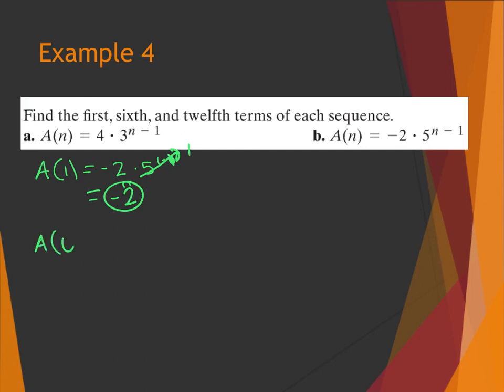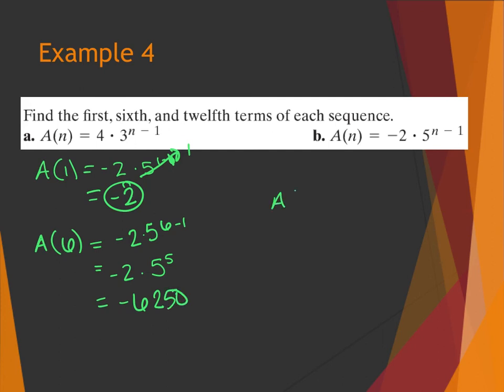For my 6th term, I really have negative 2 times 5 to the 6 minus 1, which is negative 2 times 5 to the 5th, which is going to give me a negative 6,250.